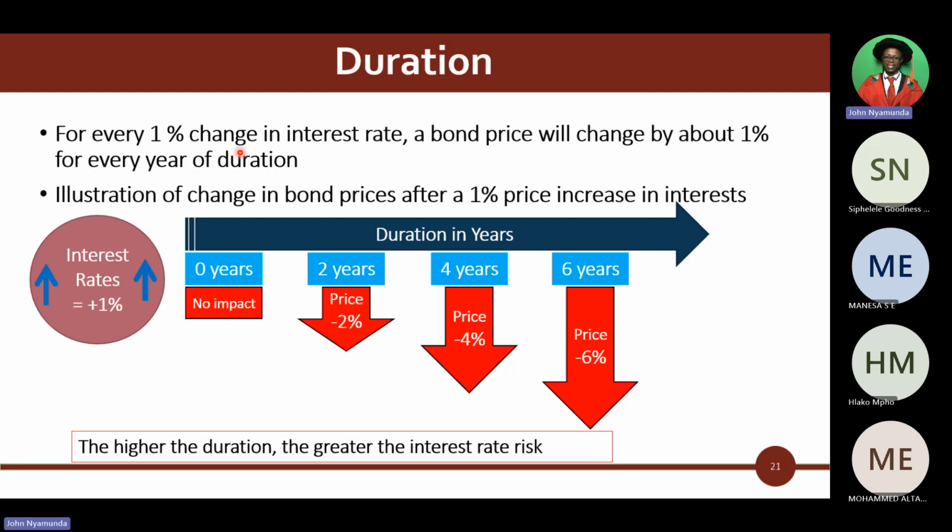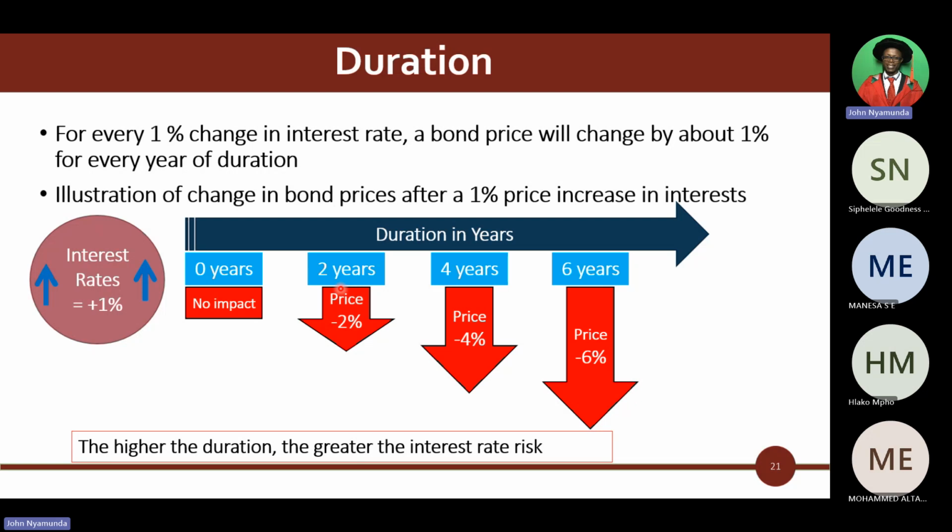So if interest rates increase by 1%, a bond with 2 years to maturity will fall by 2%. A bond with 4 years to maturity will fall by 4%. A bond with 6 years to maturity will fall by 6%.